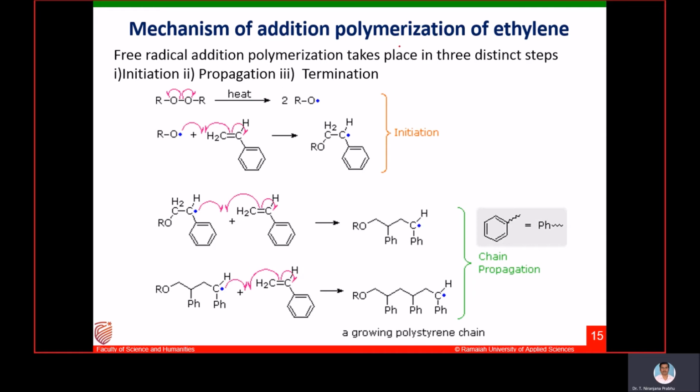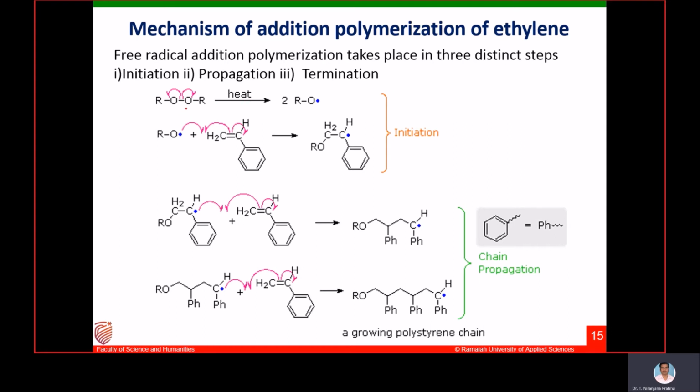And we can use catalysts like Ziegler-Natta catalyst to carry out this polymerization, or you can use heat, okay, or radiation. So that also can be used to start the reaction.